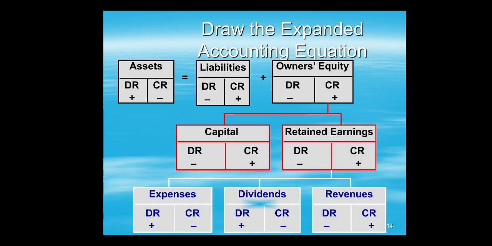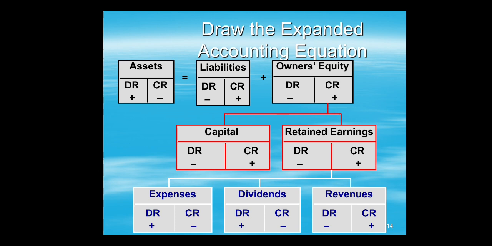Okay, this is another thing to remember. Owner's equity is related to at least 4 accounts. The first account is capital. The capital account is used when the owner of the business puts something into the business or invests something into the business.